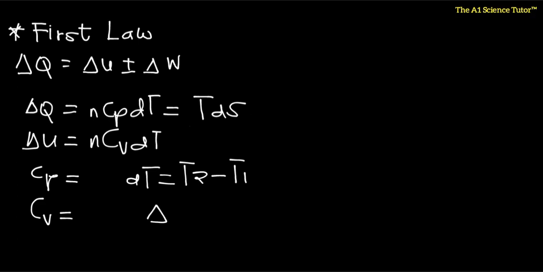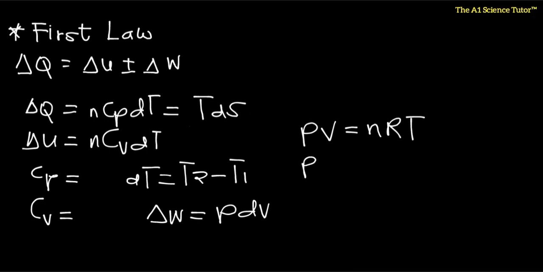Now dW, that is equal to P dV. Now we know that PV from the ideal gas law is equal to nRT. So if I took P dV, then I'm going to differentiate the variable which is present on the other side, which is the temperature. So this will be nR dT.